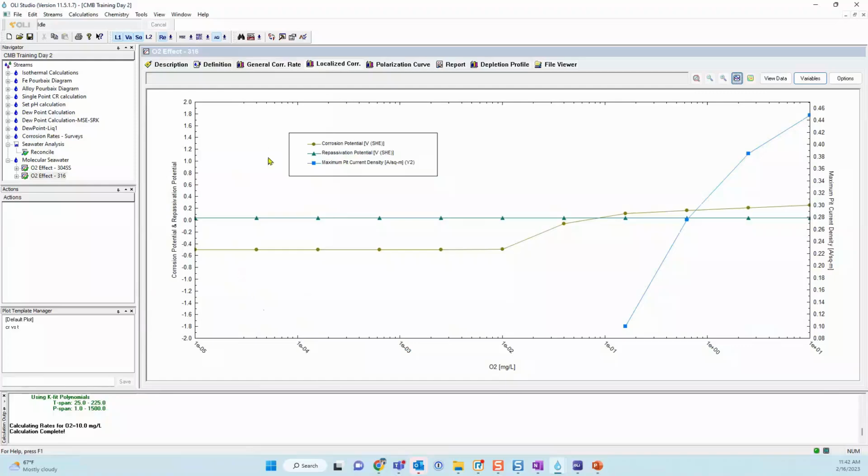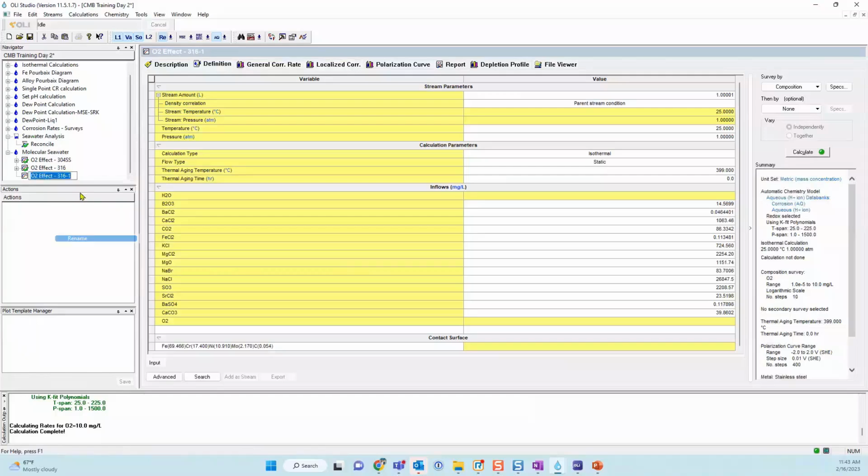And this was an actual study we did for a company, and they ended up using the 254 SMO alloy. So that's the one that we are going to use. I'm going to do the same here, right click, copy, paste, and I'm going to use a different metallurgy.